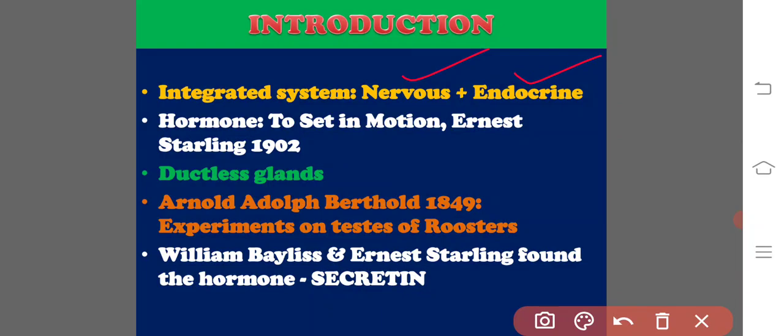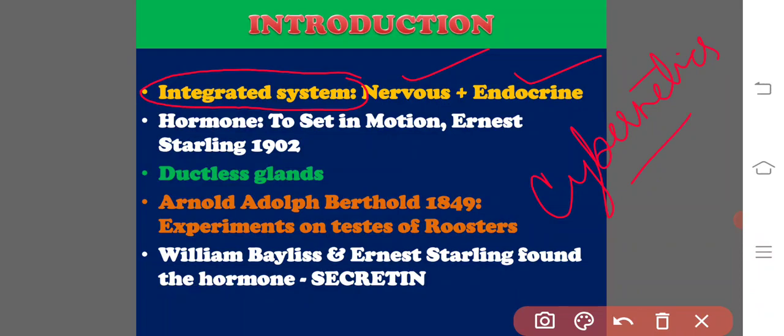These two systems are collectively called the integrated system. The study of the integrated system is known as cybernetics.